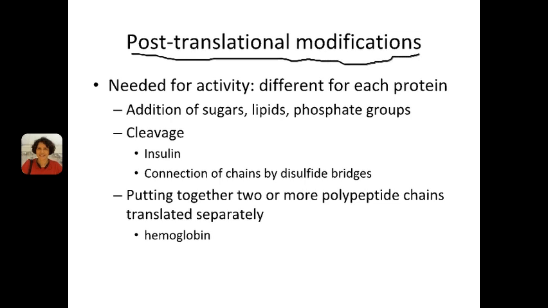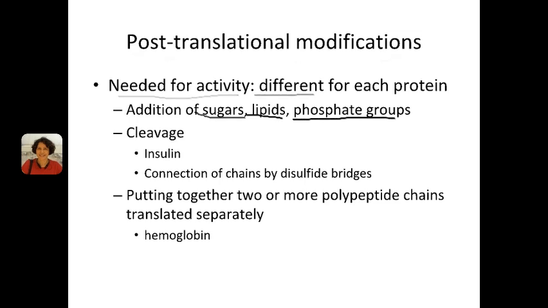They're going to be different for each different protein, and they include the addition of sugars or glycosylation, the addition of lipids, the addition of phosphate groups to the protein in specific positions.